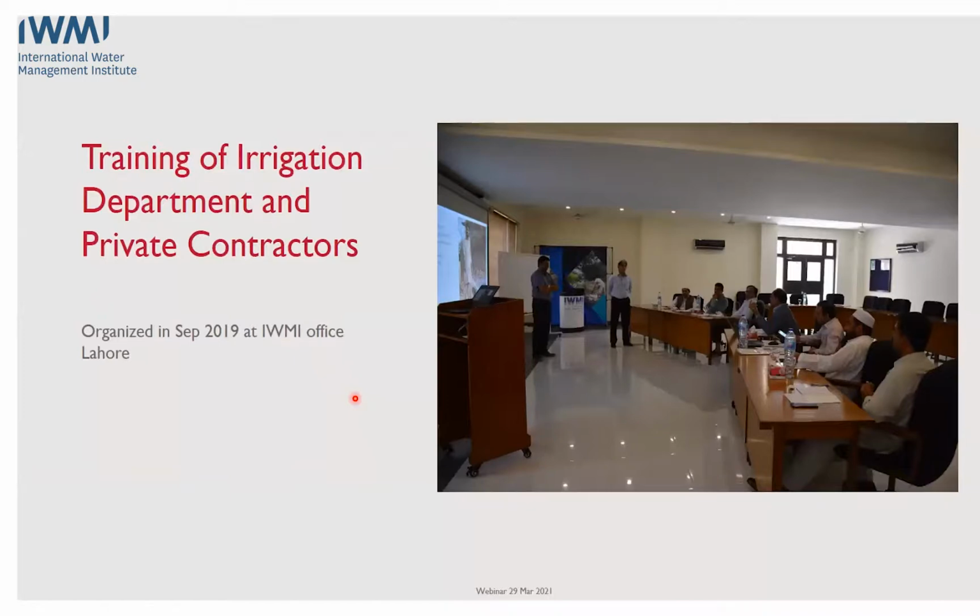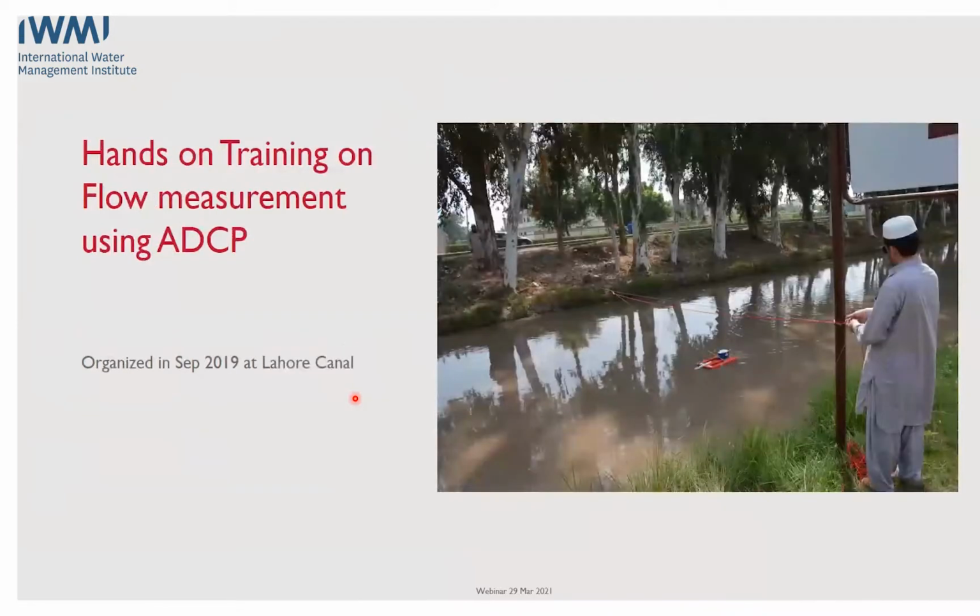We are aware that if we are investing in the technology, we have to build the capacity of our government partners. So in addition to installing these sophisticated technologies for them, we also try to build their capacity around these technologies so that they can benefit and make decisions based on the data. This is a screenshot of different capacity building events we organize for government partners.